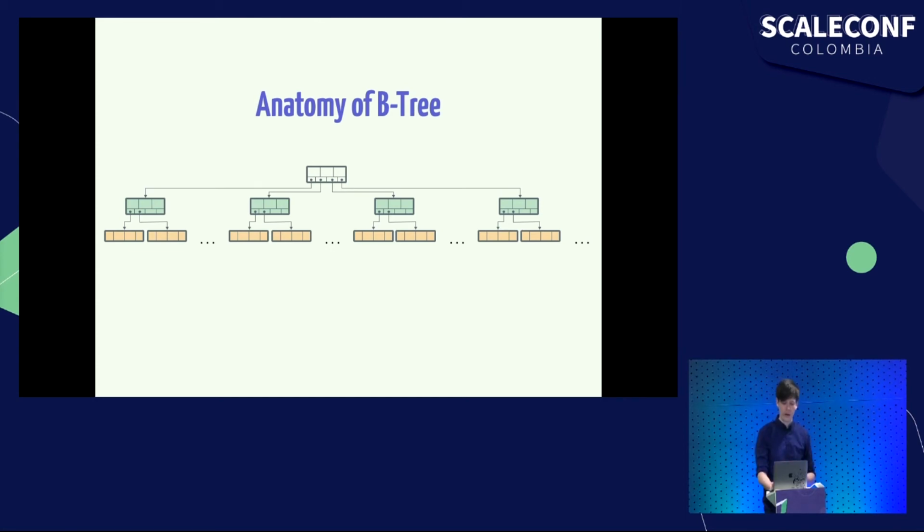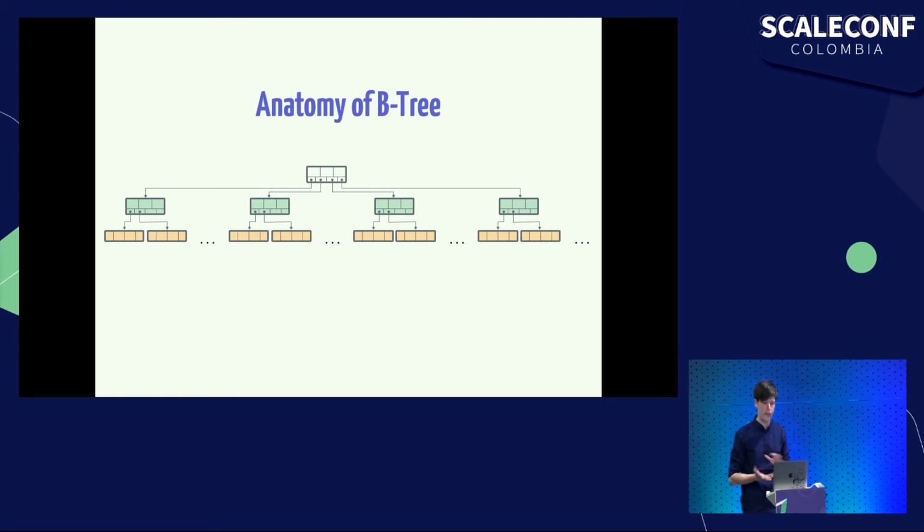B-trees are characterized by three things. First of all, the branching factor, the number of pointers to the child nodes. Occupancy is the second important characteristic of the B-trees: how many pointers to child items the node is currently holding out of the maximum available.